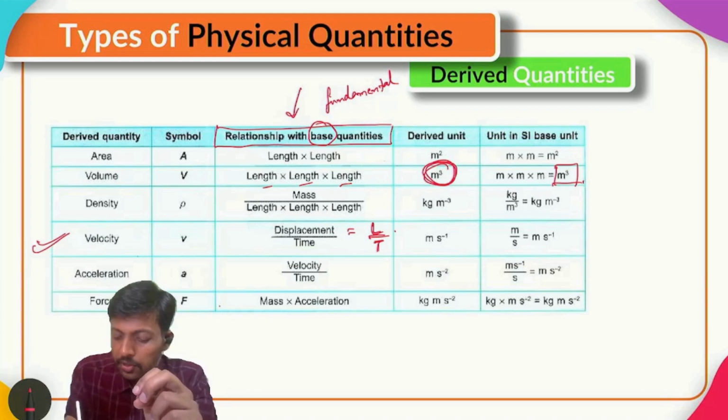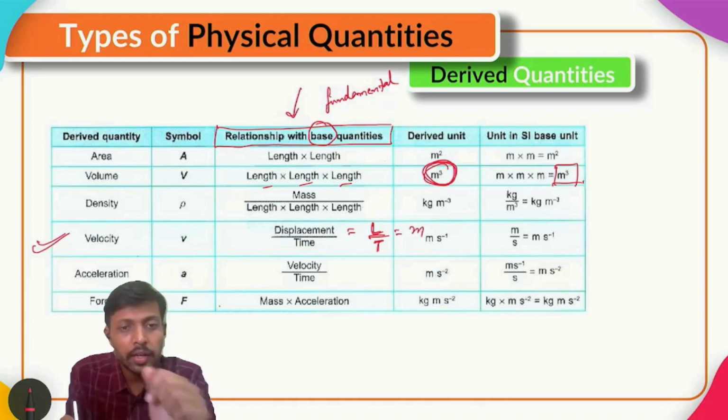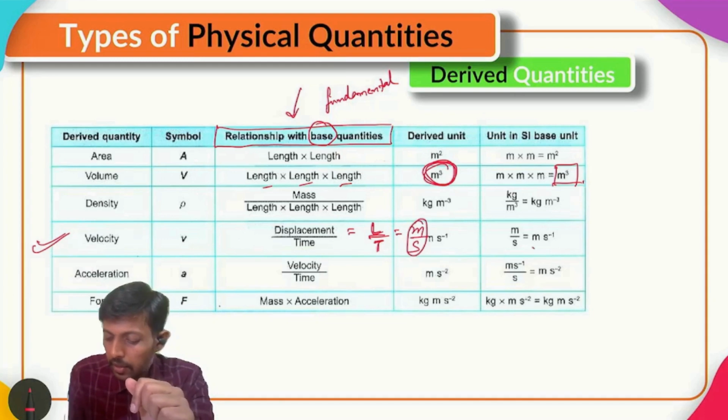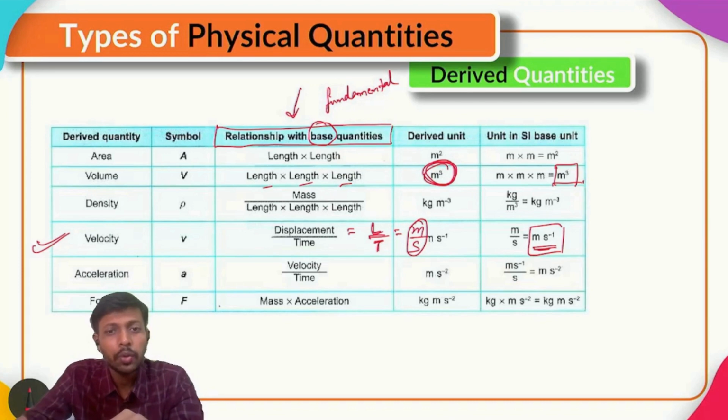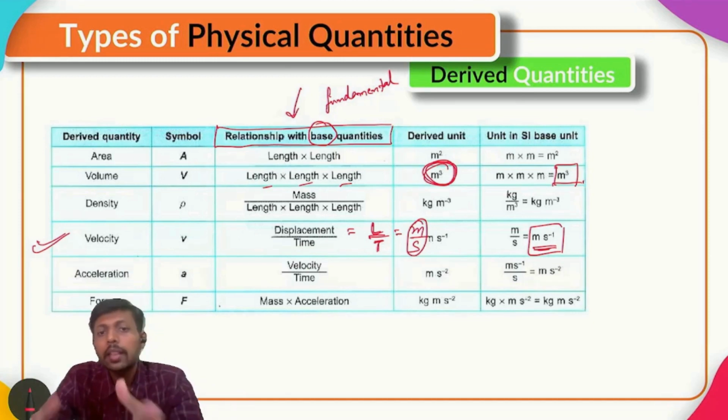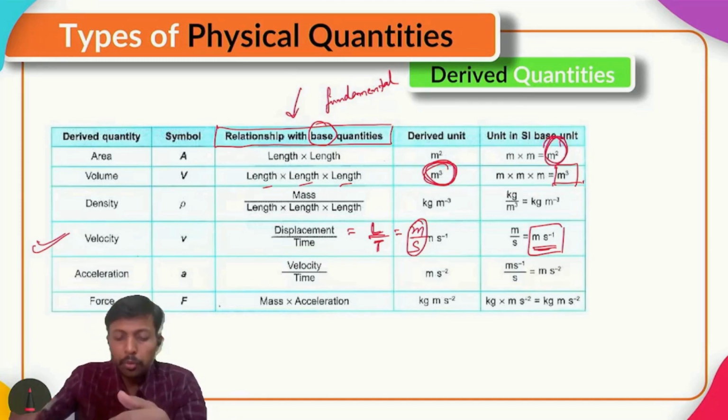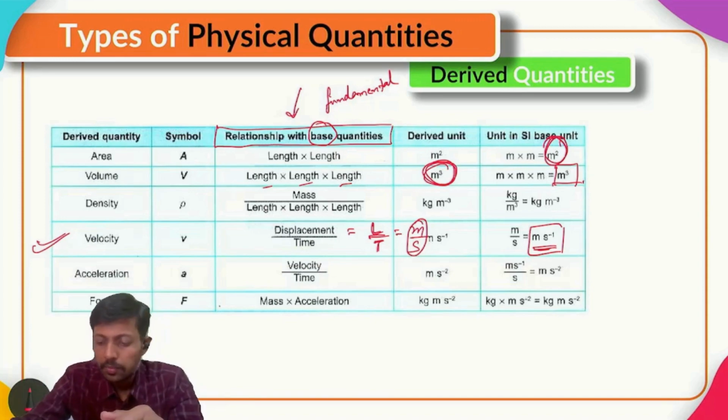Length is measured in meters. If length is measured in meters and time in seconds, then meter per second is what we get as its unit. So go through this table once, pause the video, and see how we get derived quantities and their units from the fundamental quantities.